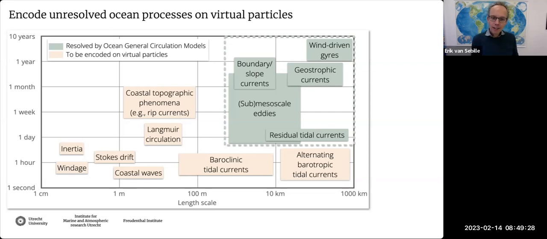A good example, we did it already for the alternating barotropic tidal currents. And what we did was essentially, there is the FES product, right? This French tidal flow product. What you can do is, at the particle, you know exactly where the particle is, you know the time that the particle is at.